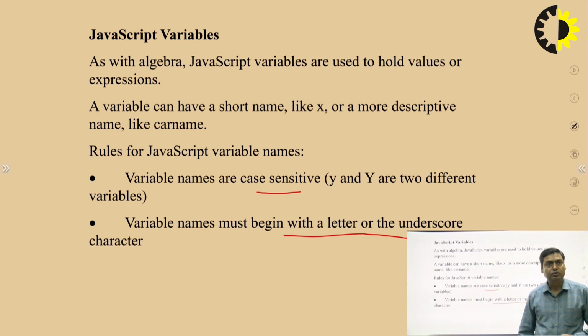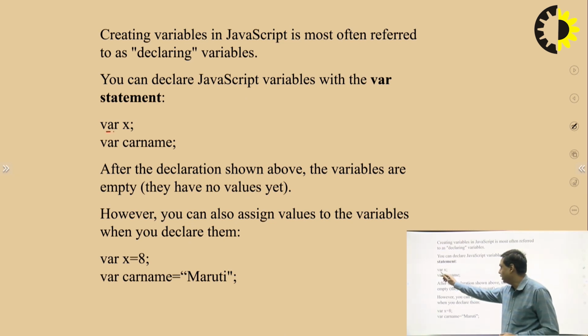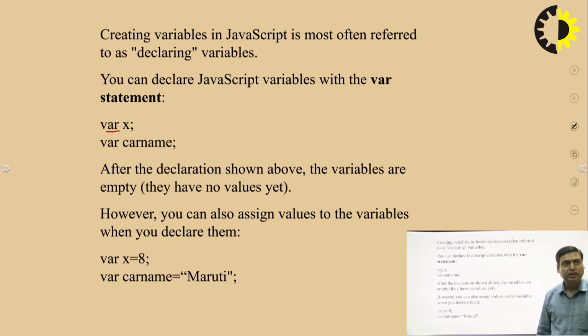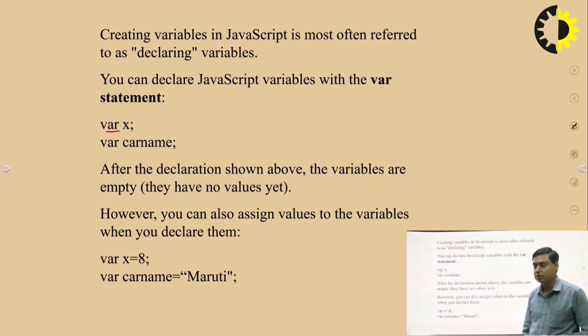We need to follow these rules when creating a variable in JavaScript. To create a variable, we use the keyword var. The name of the variable is x here. It is defined with the help of the var keyword. Two variables are defined here, x and carname.